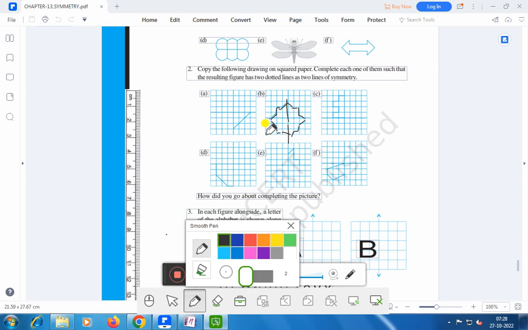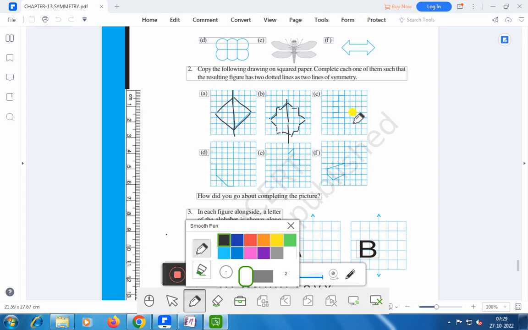You have to draw in a card paper, right? This is question number B and this is question number A. This is one line. If this is the horizontal line, you have to draw like this, right? And if this is the vertical line of symmetry, then it will be like this one and this one. It completes, right?